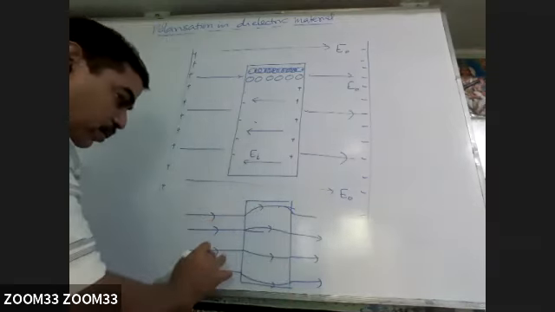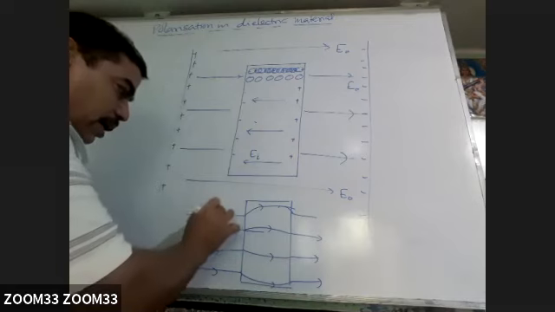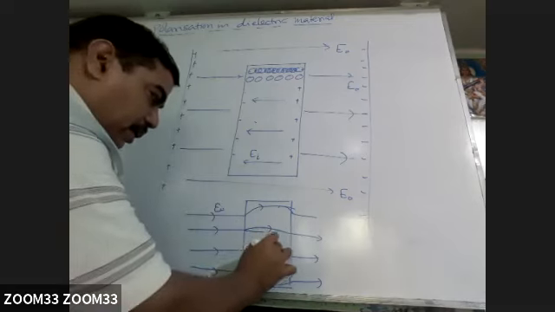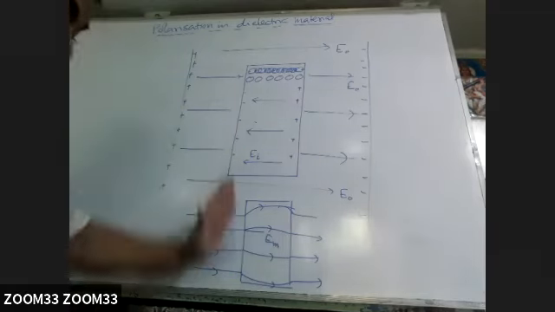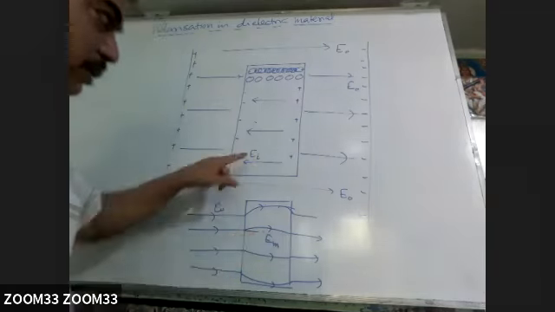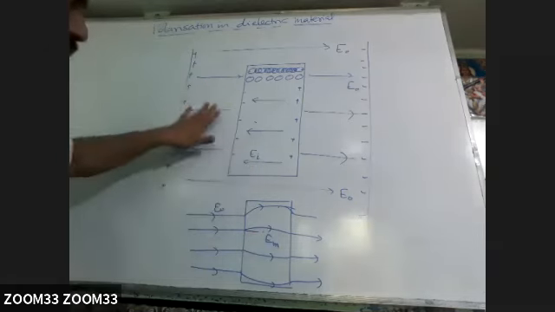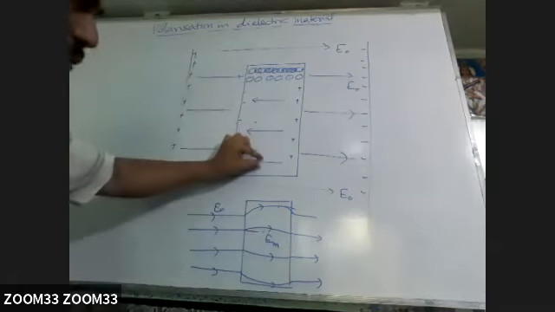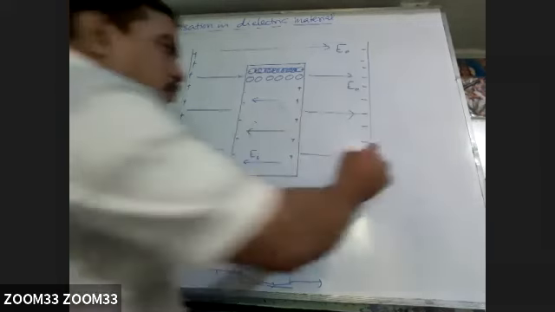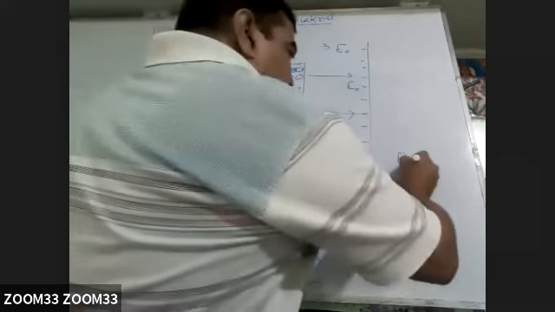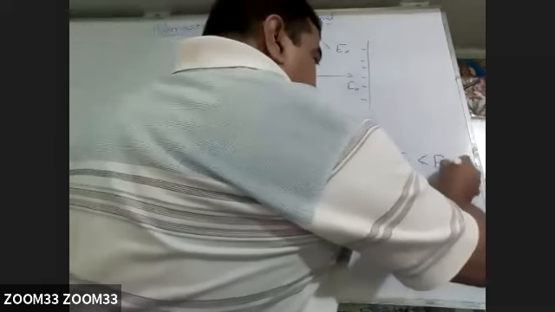So this is suppose E naught, and this net electric field is EM. The net electric field will be in the direction of the external electric field, because this induced electric field is due to this. And this induced electric field will always be less than this. So this EI will be less than E naught.